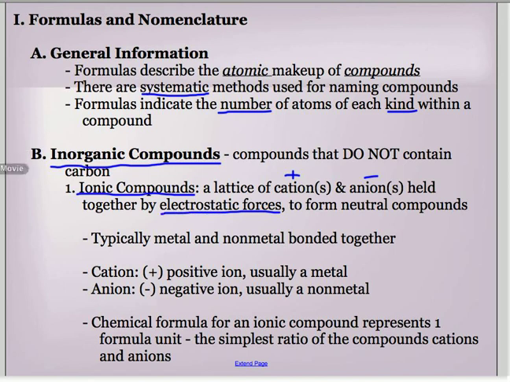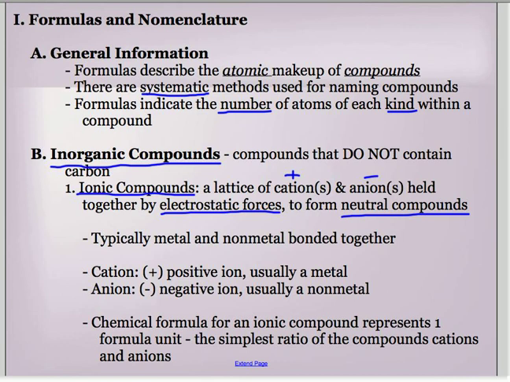We know that opposite charges attract, and that's the electrostatic forces. An important thing about ionic compounds is they work to form neutral compounds. If they are not neutral, they don't have stability, and if you're not stable, you're not going to really exist chemically.